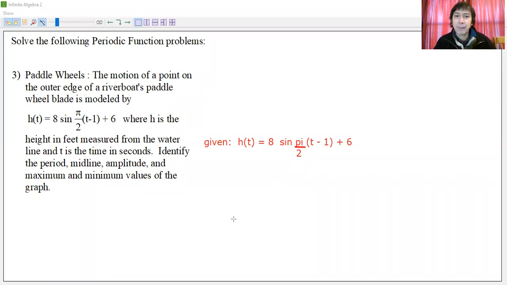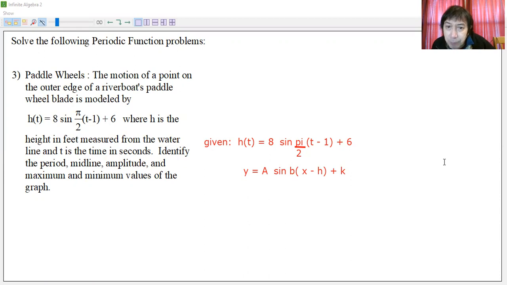If we compare this to our working equation with x and y, it should look like y equals capital A for the amplitude, times the small b times the quantity x minus h, where h is the horizontal translation, plus k for the vertical translation.